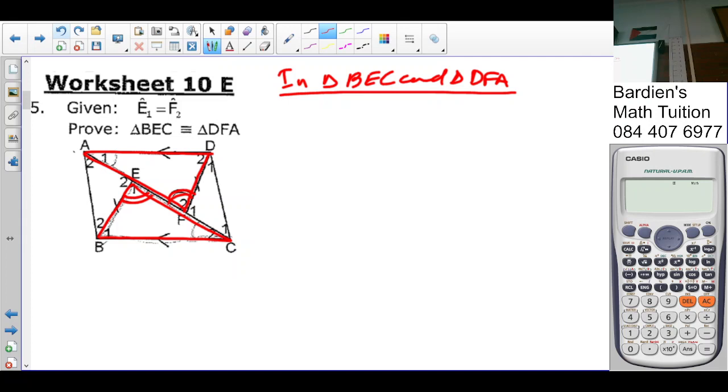We can say that E1 is equal to F2, given. What else can we say? A1 is equal to angle C2, alternate angles, yes. One more. AD equal to BC.